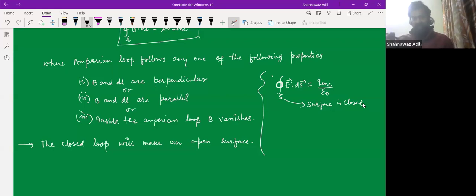The surfaces are closed. And if I talk about the disk, is the disk a closed surface or an open surface? Can you tell me? Open or closed one? Sir, closed. So is the surface of this disk closed?